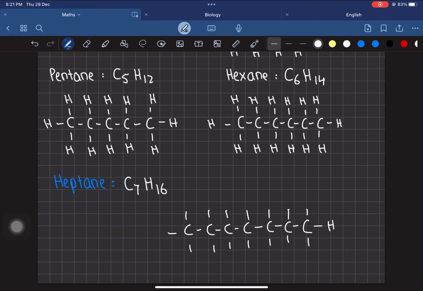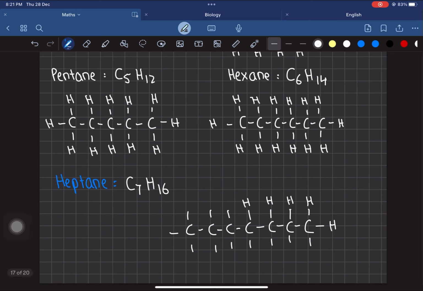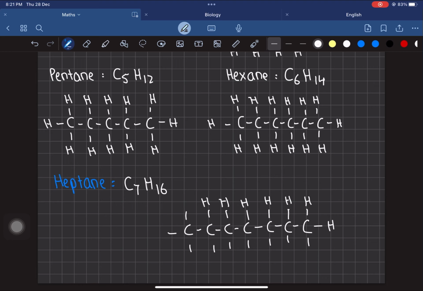Pretty easy. Just make sure that you draw the bonds correctly. 4 bonds for each carbon because carbon is in group 4, remember. The group number represents the number of bonds. So this is the structural formula for heptane.